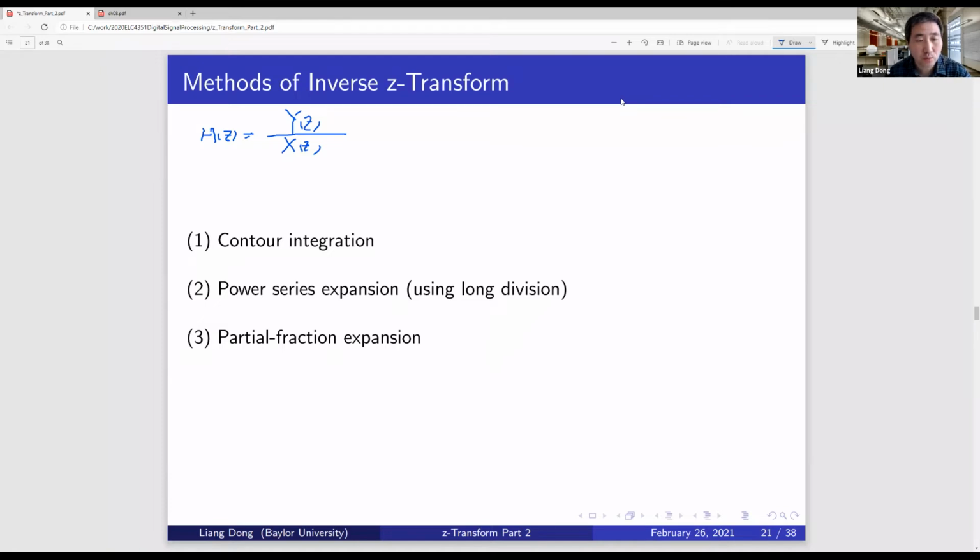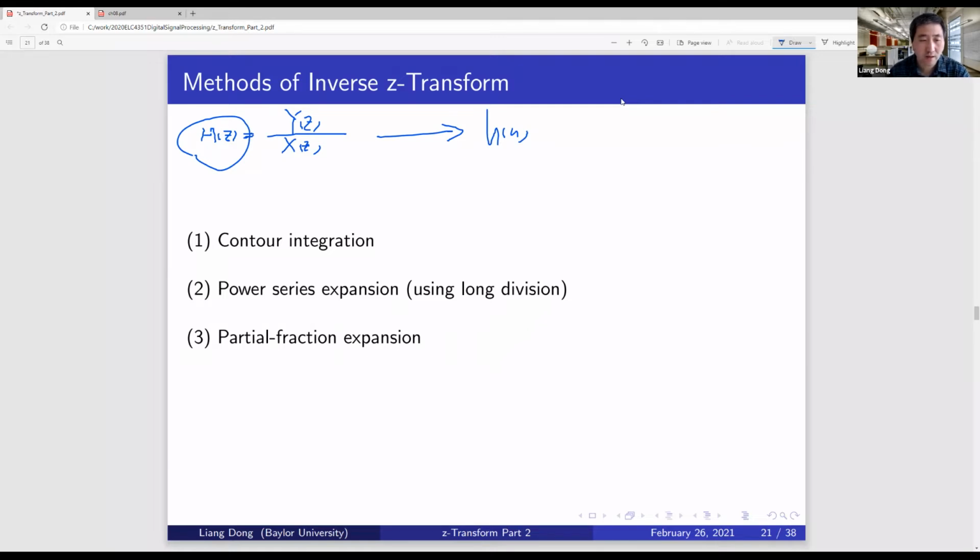Y is the output observation, X is the input observation. And very easily, we can find the system response. And that should give us the identity of my system. Now what's left is how to make this back to the impulse response. So we need to use an inverse Z transform.